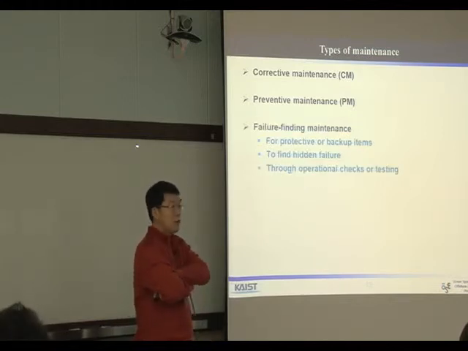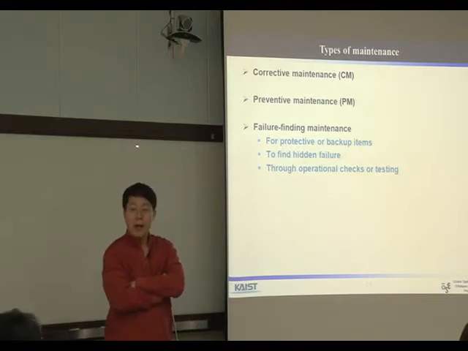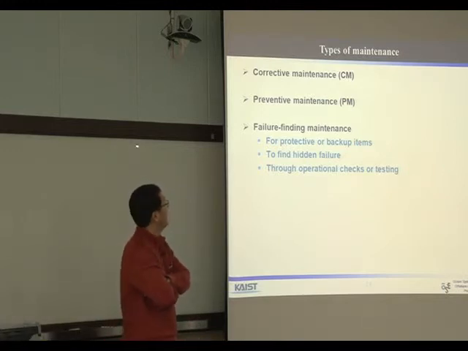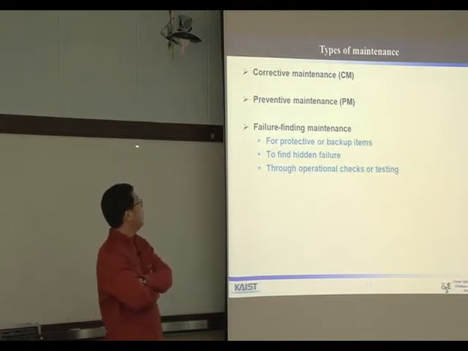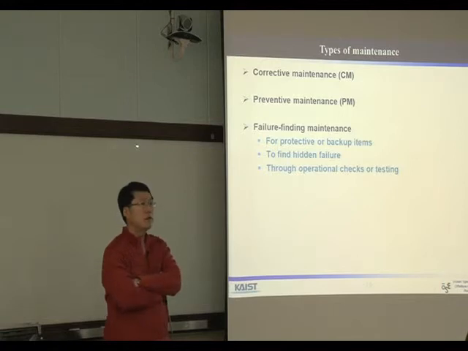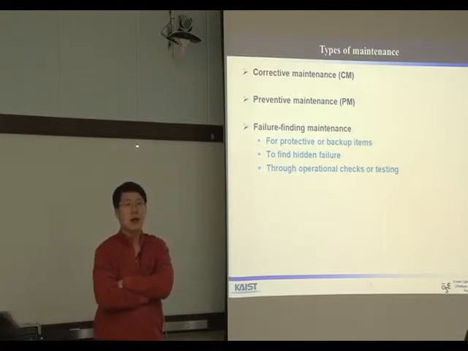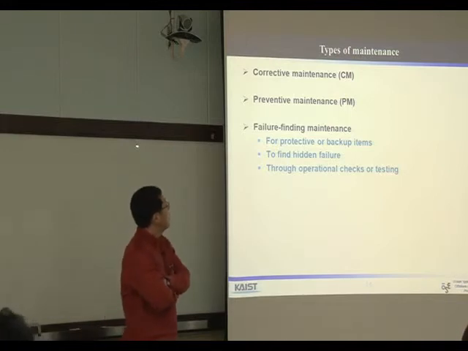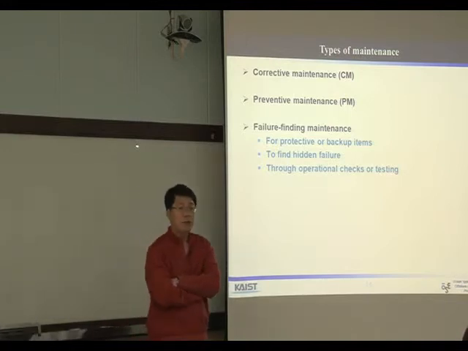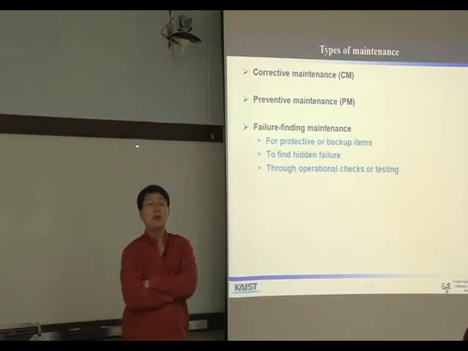Failure finding maintenance is the maintenance to find the failure. This kind of maintenance is usually for the safety systems. We test the plant or the system or safety system to find the hidden error, hidden failure.